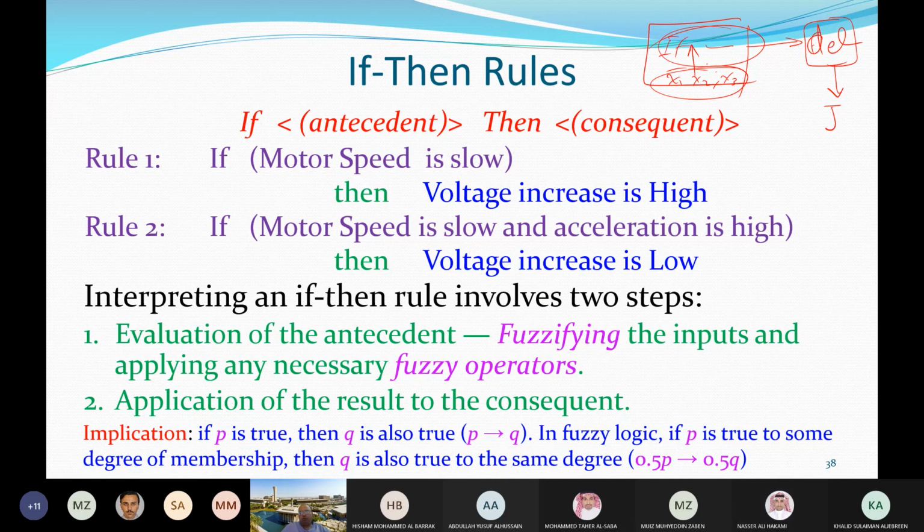It is better now to see the fuzzy logic controller rather than optimizer. If you want to feel this fuzzy logic controller, you have a process or the plant, and some measurement like a motor, and you have the omega and the acceleration. You feed this omega and the acceleration to the fuzzy logic, this is the fuzzy controller, and this goes to the plant. So this would be the process here.